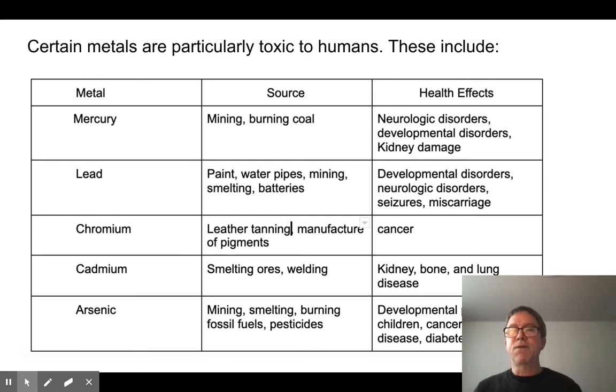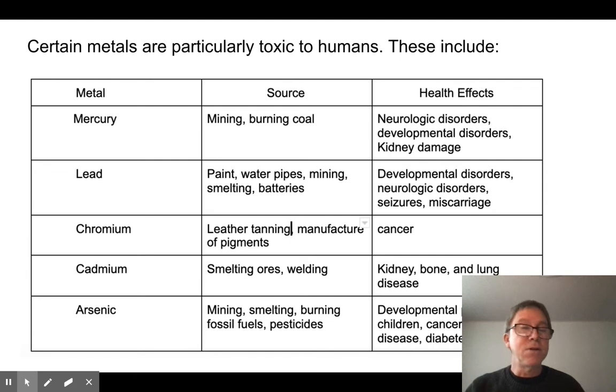So where does mercury come from? Well, you get it from mining, but a big source is burning coal. Mercury is something that bioaccumulates. It's put in the air in small amounts from burning coal, but it doesn't go away. It causes neurologic disorders, developmental disorders, which is super tragic, and kidney damage. We're going to look at one of these cases in particular in just a minute.